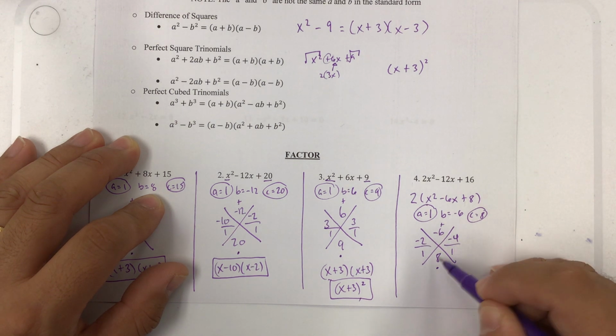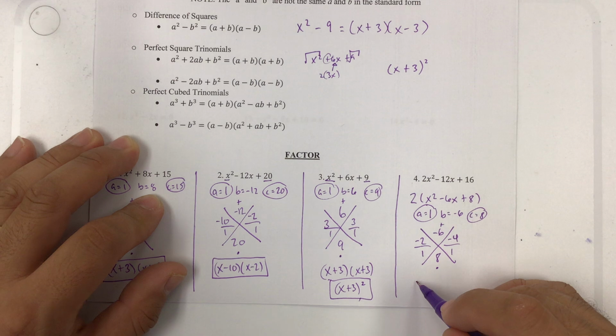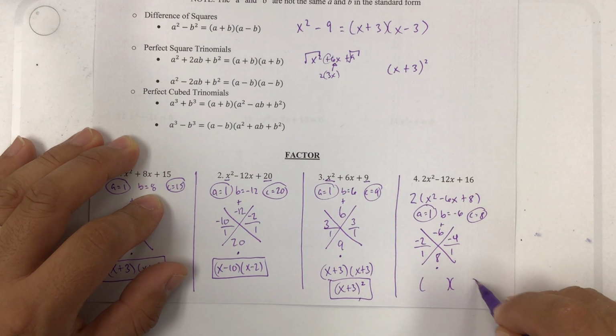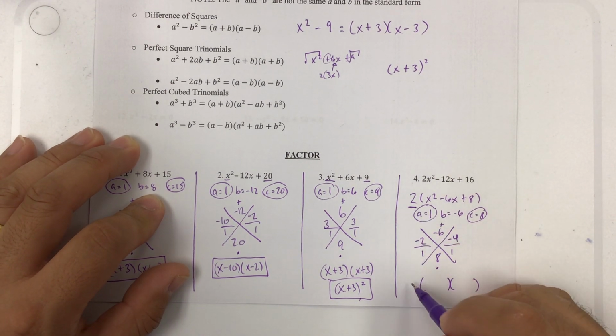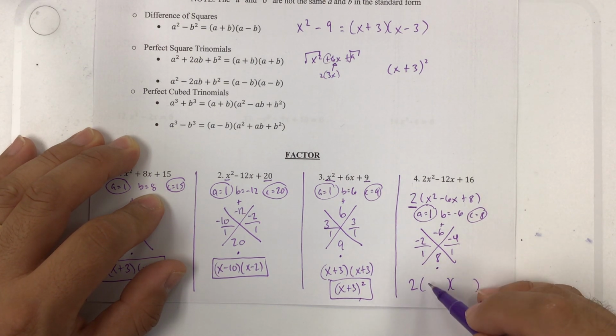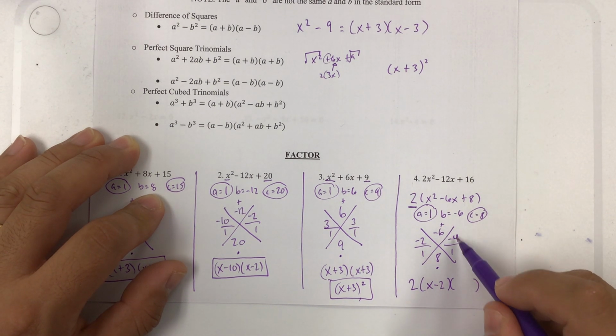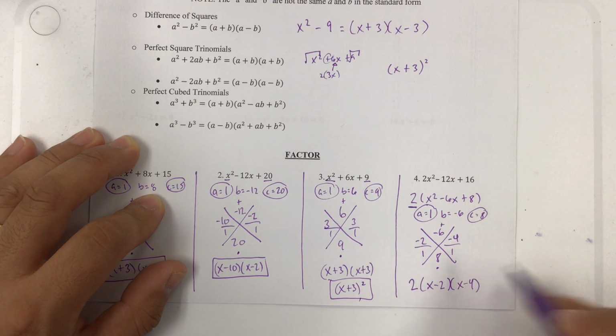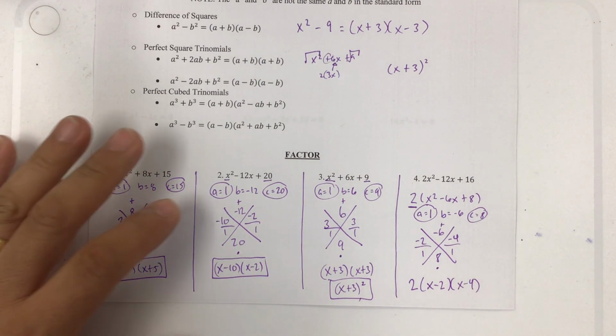Negative 2 times negative 4 is 8. Now, when we write our factors, be careful not to forget this 2 right here, because that's going to be in the front. That's my first factor. Negative 2 divided by 1 is x minus 2. Negative 4 divided by 1 is x minus 4. All right, let's keep going and factor a few more of these. Then we're going to come back to that solving piece.